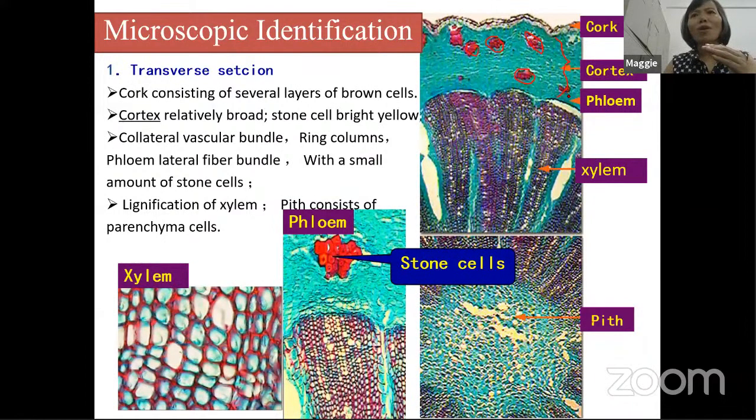And where is phloem? Here is phloem. Now phloem is very narrow. This is a phloem. And cambium. Cambium is inner ring, so we call it cambium. And so this part is xylem.